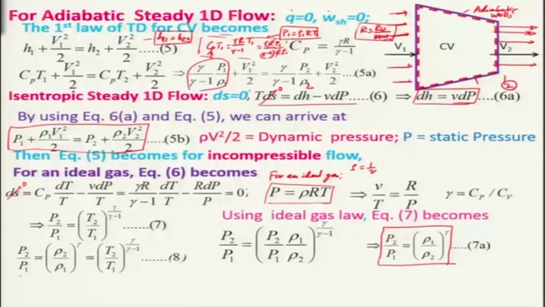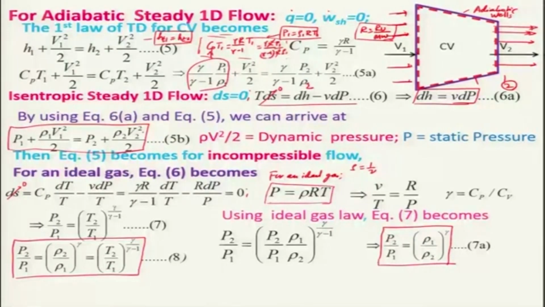You can get this expression for pressure, density and temperature together, that is P2 by P1 is equal to rho 2 by rho 1 to the power gamma, is equal to T2 by T1 to the power gamma divided by gamma minus 1. So, if you look at this, basically the energy equation for this one dimensional steady flow is the same as the momentum equation.